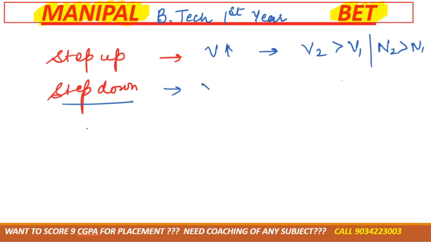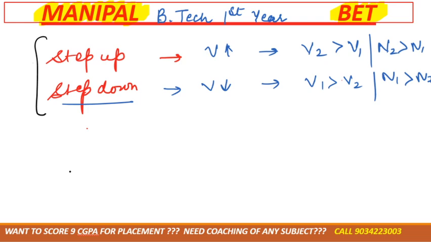If there is a step down transformer, then N2 is less than N1, correct? So basically we'll have two types of transformer, step up and step down, got it?